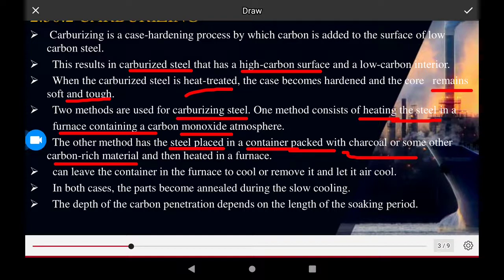When heated in the furnace, you can leave the container in the furnace to cool or remove it and let it air cool. In both cases, the part becomes annealed during the slow cooling. The depth of the carbon penetration depends on the length of the soaking period.